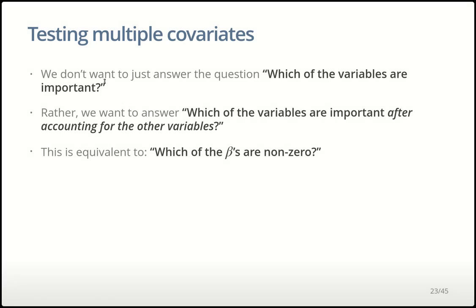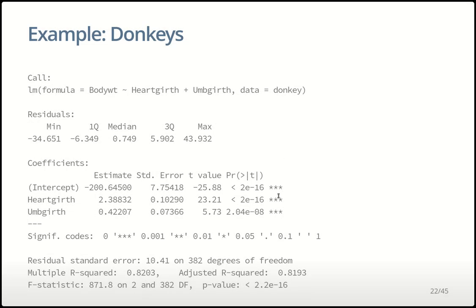So we don't want to answer the question which variables are important. Rather, we want to say which variables are important after accounting for the other ones. That allows us to answer questions like, should I bother measuring umbilical girth as well as the heart girth, or is heart girth itself good enough? This model was telling us that actually you should bother measuring umbilical girth because it does tell you something.